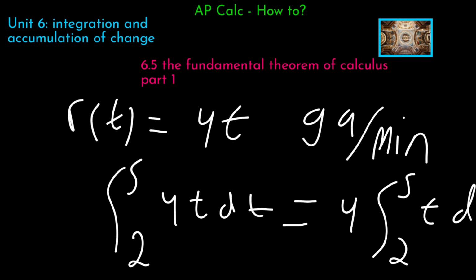It works in real-world applications like water, distance, or growth. If f is the rate, then the integral is the amount. And you can practice by evaluating integrals, finding velocity and distance traveled, and A of x problems with your integrals.